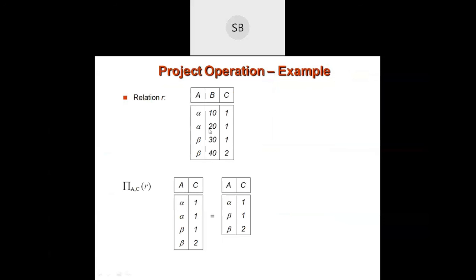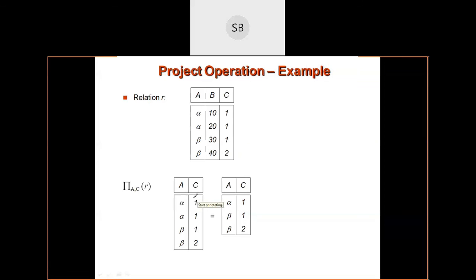This is also another example. This is the relation table R with A, B and C. You only display the two columns A and C: pi A, C in brackets R. So you display A and C. At that time you check that alpha 1, alpha 1 is a repeated element, and then beta 1, after that beta 2.